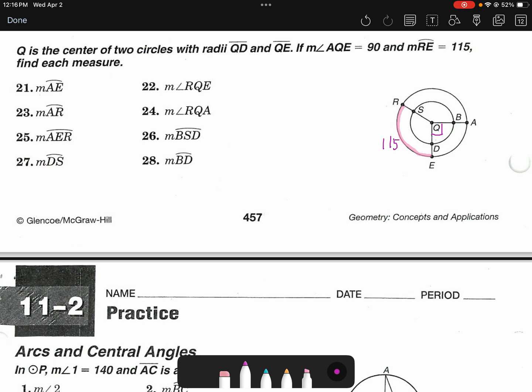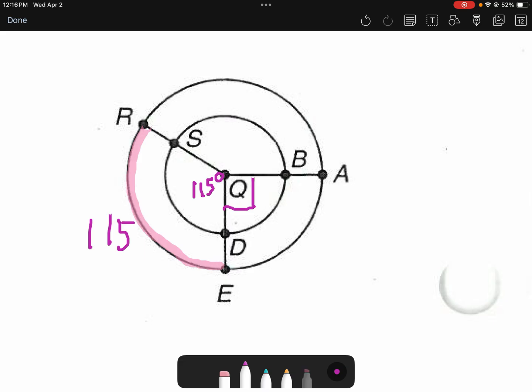Let's see if we can find some other stuff. Well, I know that this central angle is then 115. I know that this purple arc has a measure of 90. And what's left over? Out of 360, that's the measure of your circle.